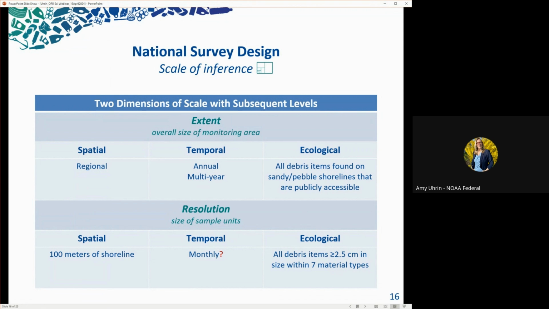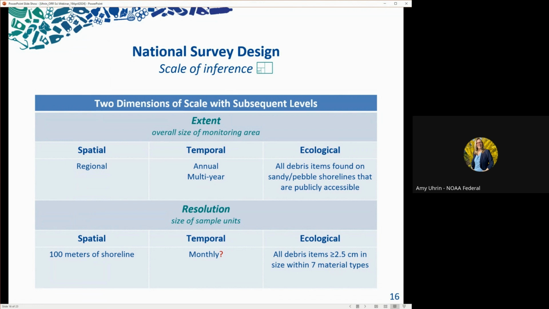And then for our ecological extent, we are interested in all debris items, but particularly those that are found on sandy pebble shorelines and shorelines that are publicly accessible. So we had to put some limits on what that extent could be, just to facilitate the ability to actually carry this out.